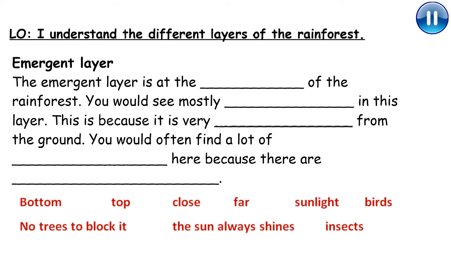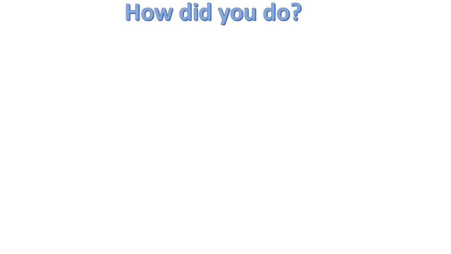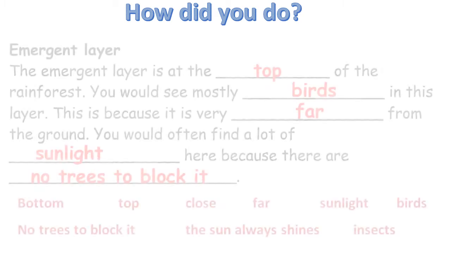All right, now when you finish writing, make sure you go back and read it again to make sure that it makes sense. Okay, make sure that all your punctuation is in, because we have a habit of forgetting that. So I want you to pause the video now and have a go at that for me. Okay, let's see how you did.